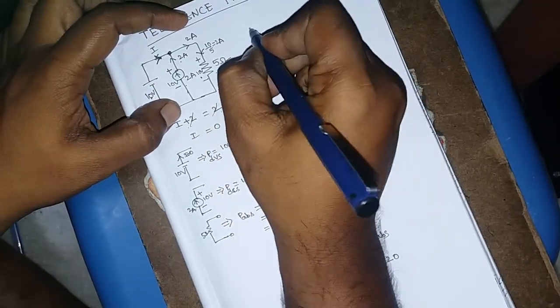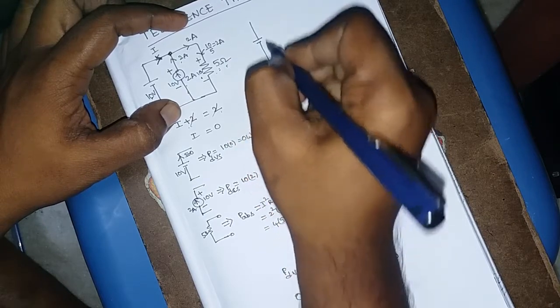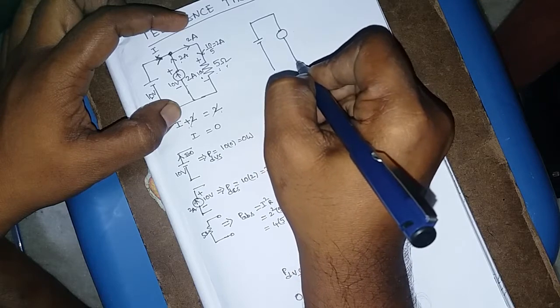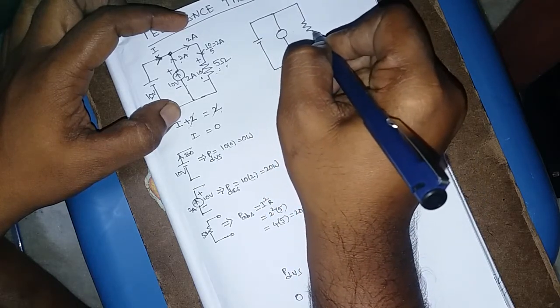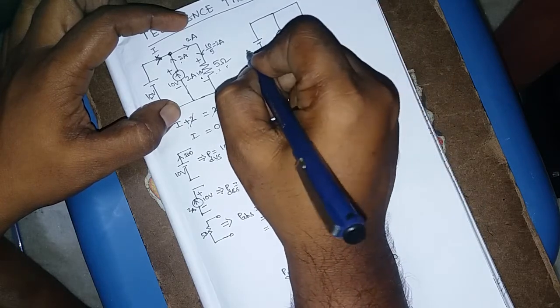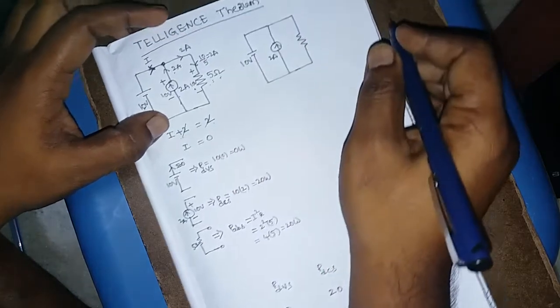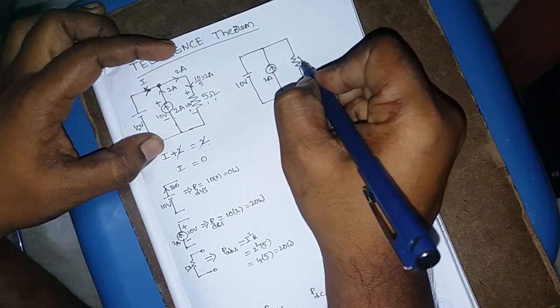Now let me change these values. I am not changing much, I am changing only the value of the resistor. This is 10 volts, here it is 2 amps, and here let it be 10 ohms.